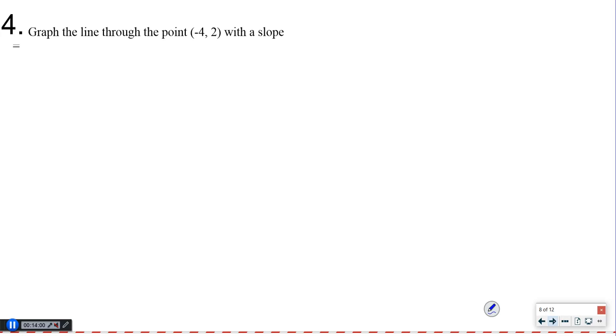Here we need to graph the line through the point negative 4, 2 with a slope of negative 5 over 2. So I'm going to make a graph.